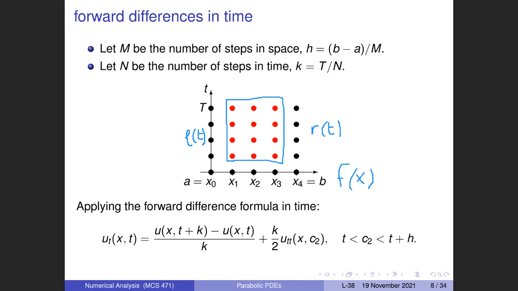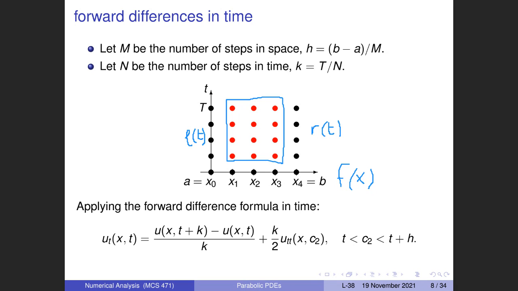So this will lead to a system of 12 unknowns. I'm sorry, so at each step we will have a system of 3 unknowns. But all in all, we have 12 unknowns. So we will do 4 time steps, each time solving for the 3 unknowns.